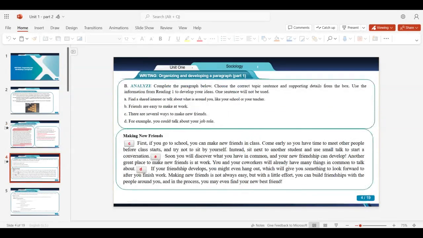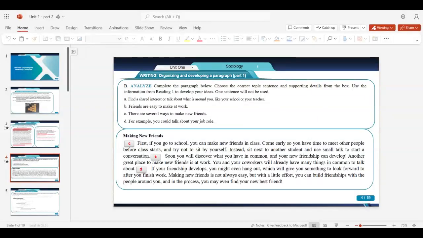This is organizing and developing a paragraph again, but here we move towards further information related to this. First of all, we need to choose the correct topic sentence and supporting details from the box. Use the information from reading one to develop your ideas.